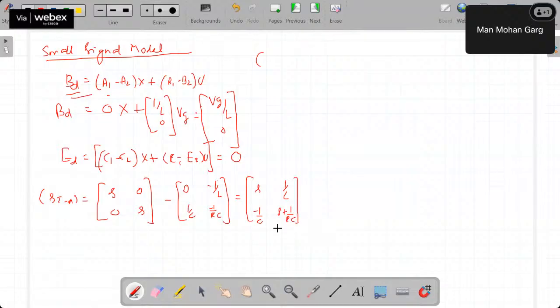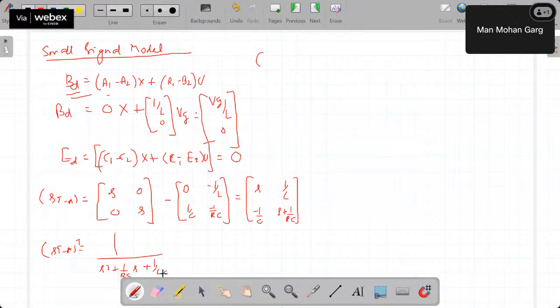Now we need to find the inverse of this. Because this is a simple second order equation, we can directly find (sI minus A) inverse. So 1 upon the denominator, which is the determinant, that is s squared plus 1 upon RC into s plus 1 upon LC.